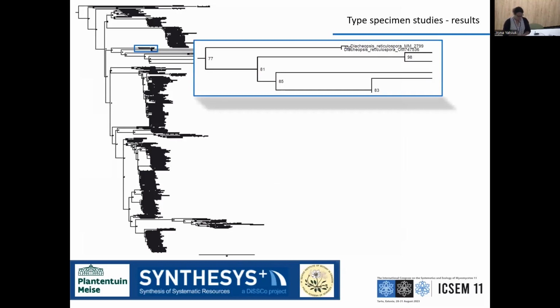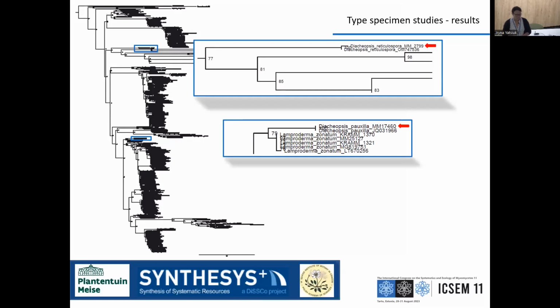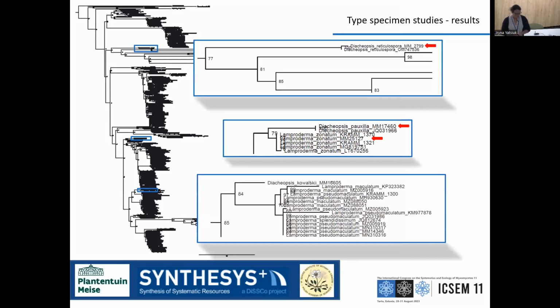And this is Diacheopsis reticulospora with its type sequence here. Here is Diacheopsis pauxilla with the type sequence here. And it is close to Lamproderma zonatum, with the holotype of Lamproderma zonatum here. And another place in the tree, Diacheopsis kowalskii with its type specimen here, which is, by the way, close to Lamproderma pseudomaculatum, whose holotype is here.